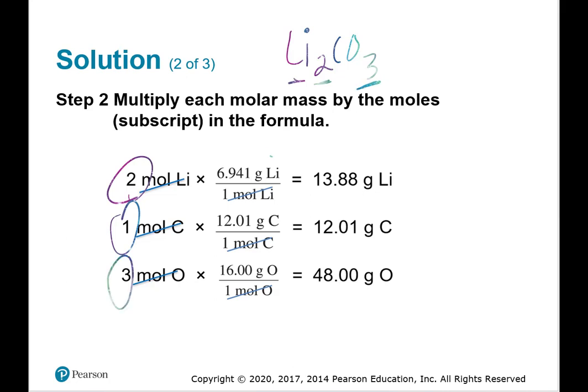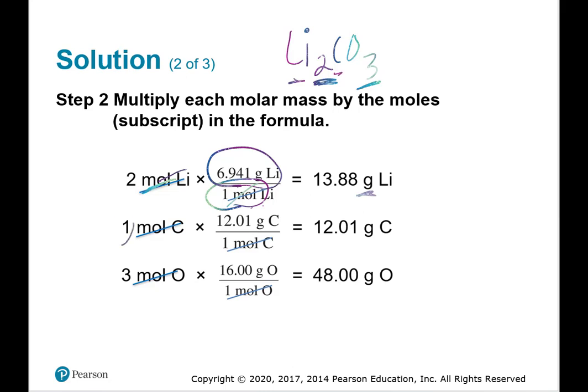So I'm going to take those molar masses and multiply it by how many there are of it. Notice that my units cancel out diagonally from one another. I have 2 moles of lithium, and so I have to say that 1 mole of lithium, diagonal from it, has the mass of 6.941 grams. That cancels out my moles, leaving me with grams.